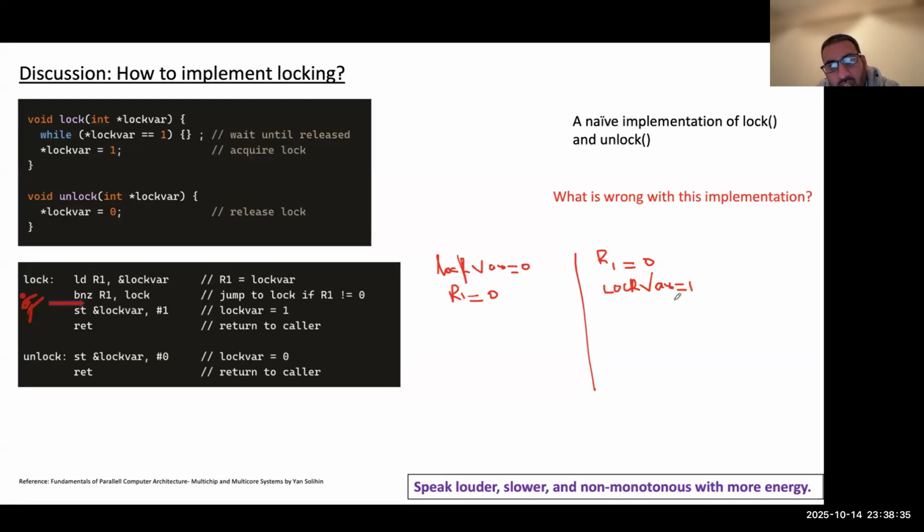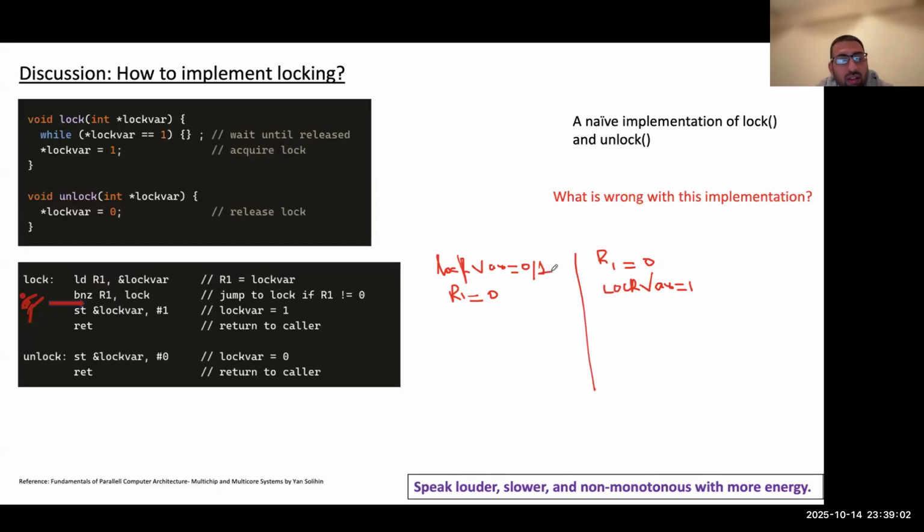So let's say after the second one has received the lock, the first one is allowed to execute again, right? It is scheduled again for execution. So it will start execution from the same point where it was interrupted, right? So it will execute the third statement, which is setting the lock variable equal to 1. So actually it is not in the loop anymore, right?